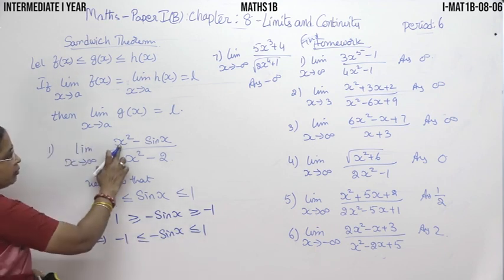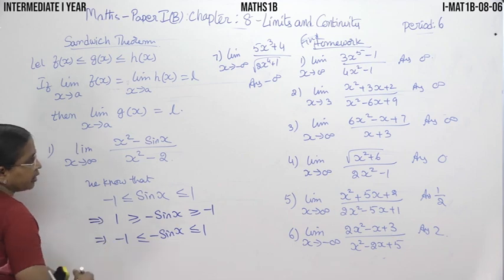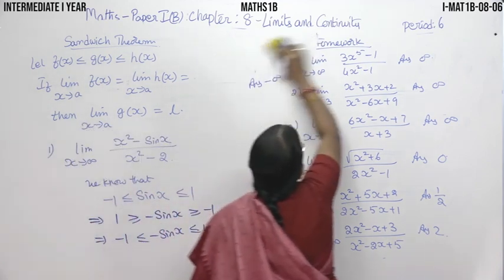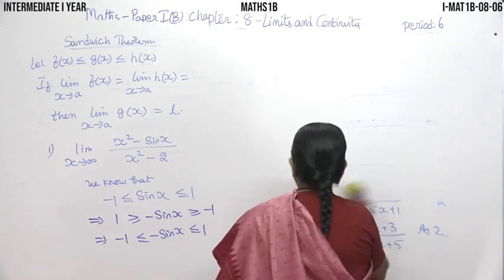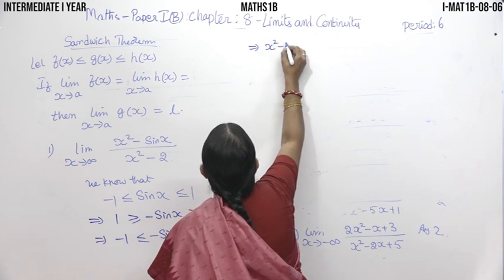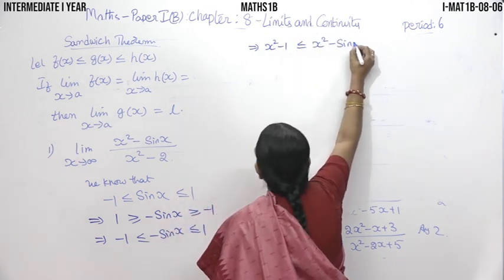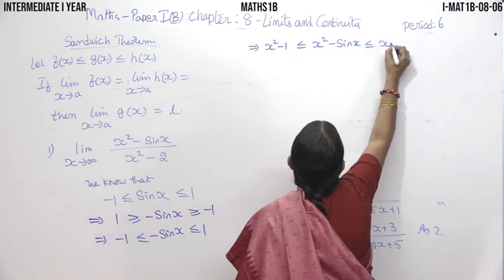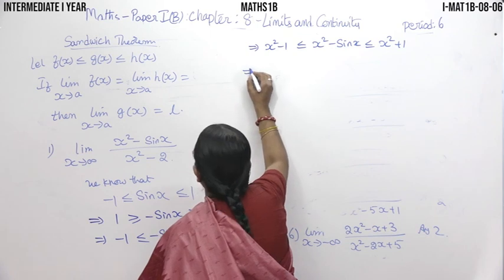Now we should get this function, so add x square on both sides. We'll add x square to the whole inequation. So adding x square, it is x square minus 1 less than or equal to x square minus sin x less than or equal to x square plus 1. Now we should divide by x square minus 2.